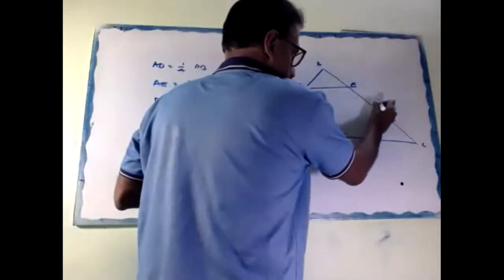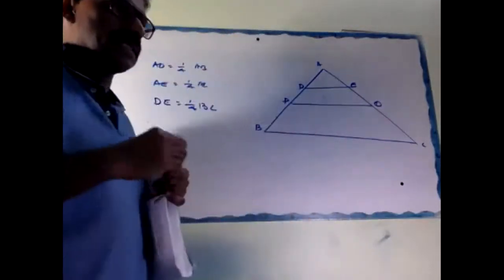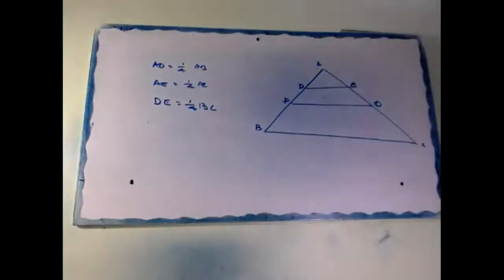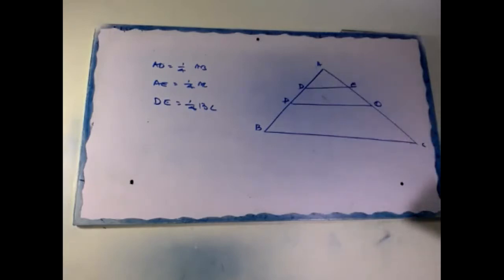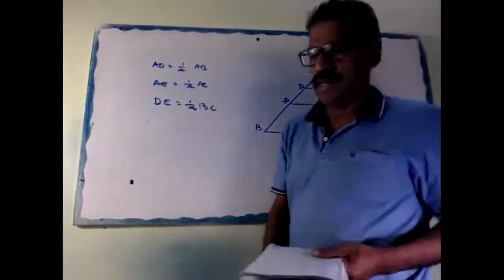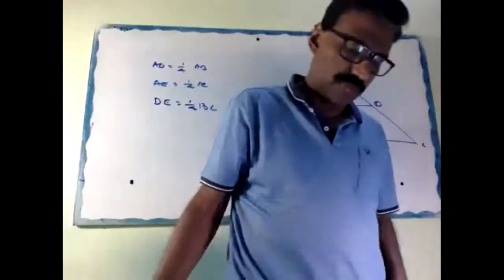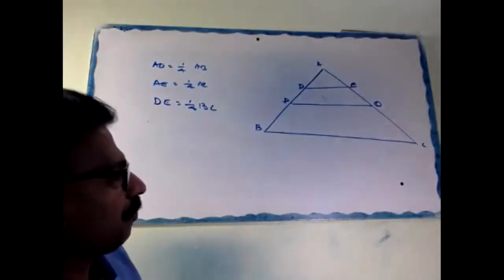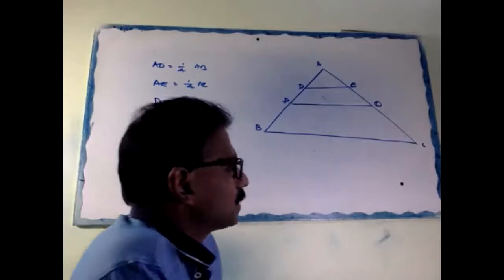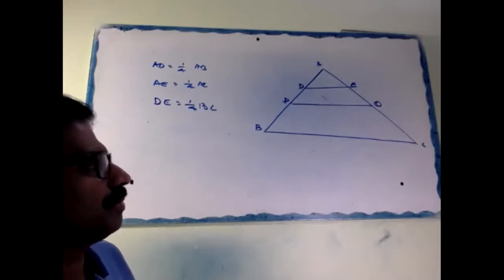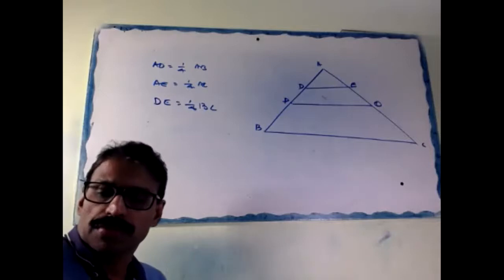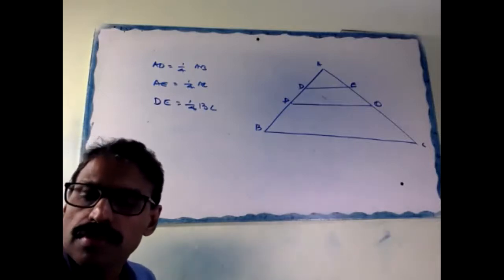Construction: mark the midpoint of AB as P and the midpoint of AC as Q, and join PQ. Clear now?